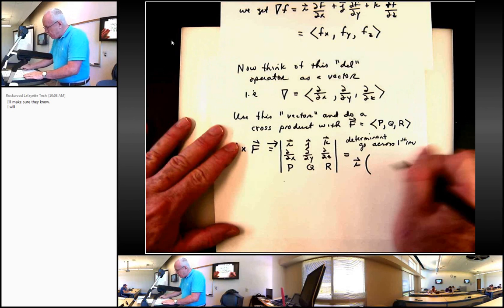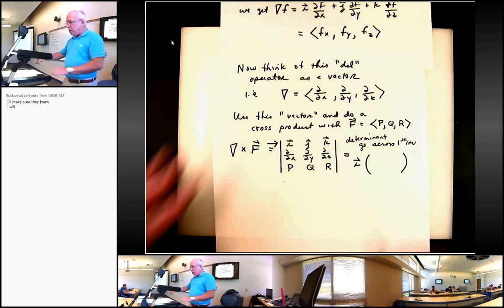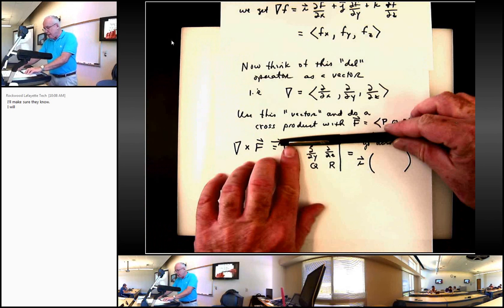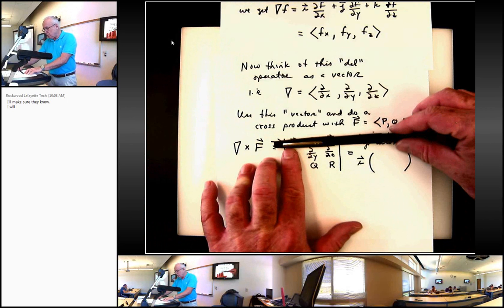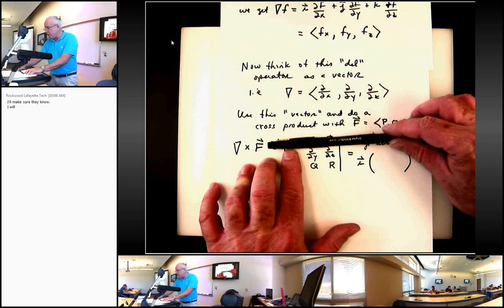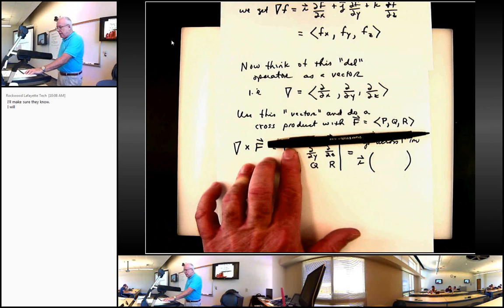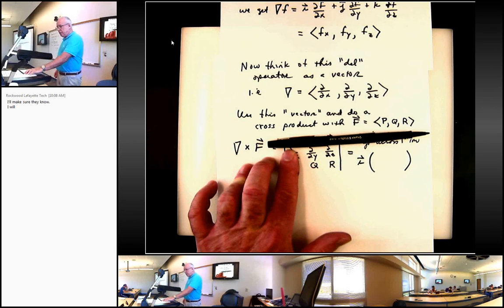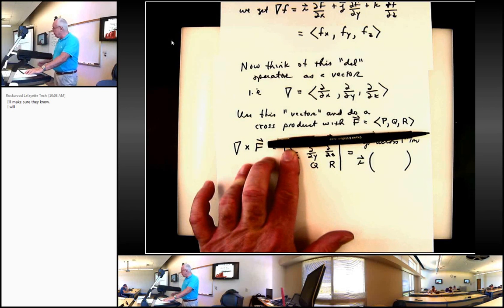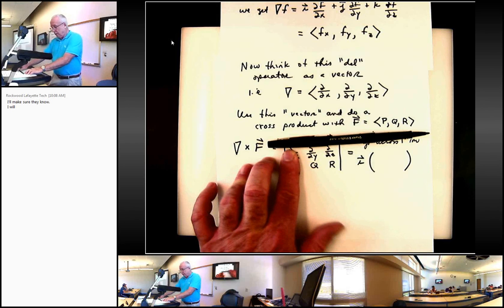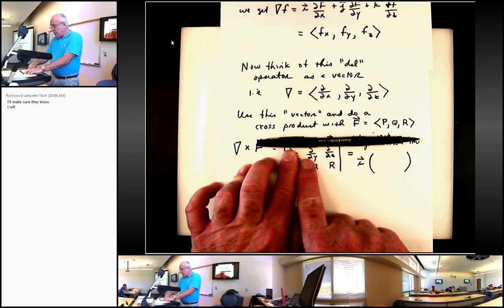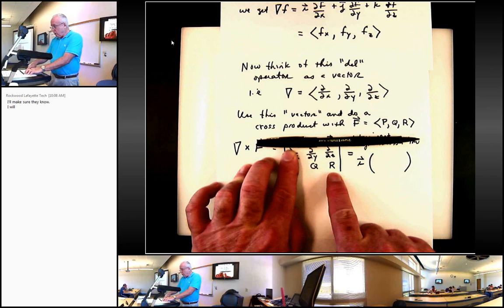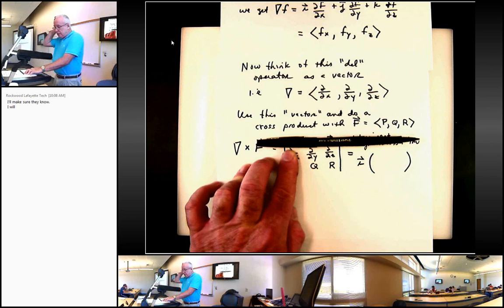And then we're going to multiply that by, remember what we multiply it by, we blank out or mentally remove that first row and that first column. And let's see what we have left here. Then we do the determinant of the 2 by 2 matrix that is left. Well, here's the 2 by 2 matrix: delta, delta y, R, then Q, delta, delta z.